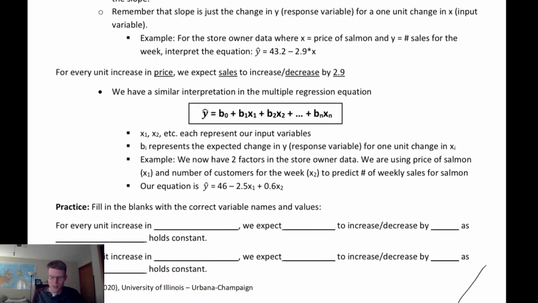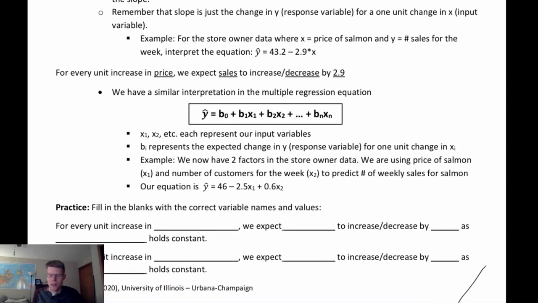Let's look at an example here. So let's say that we fit another predictor into this model, and this predictor is number of customers for the week. So price of salmon is x sub 1, and number of customers for the week is x sub 2, each trying to predict weekly sales in salmon for that week.